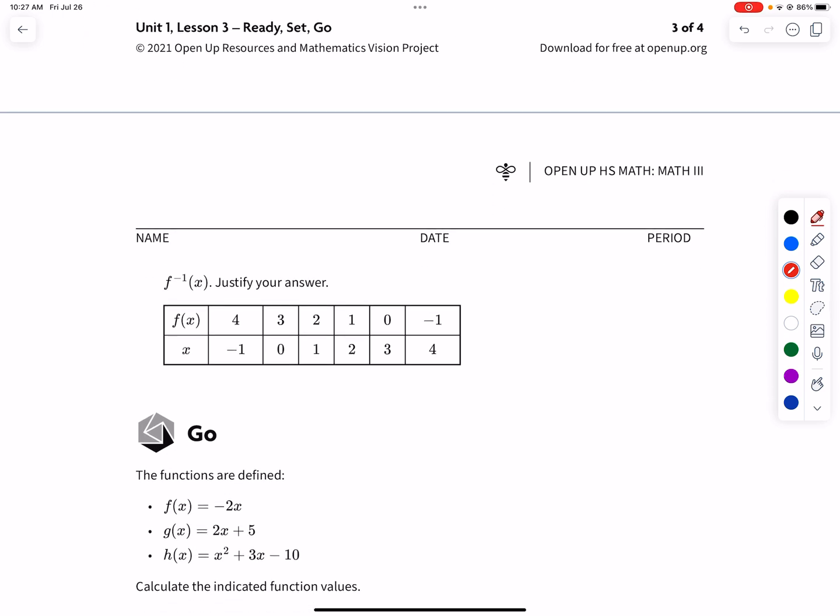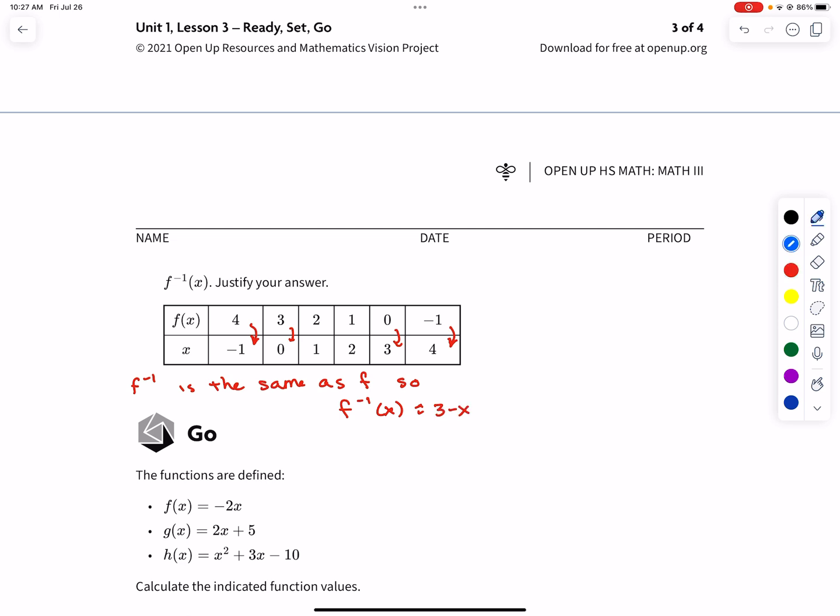So notice that what you have is 4 goes to -1, -1 goes to 4, etc. Okay, so justification, I will say f inverse is the same. So f inverse is also 3 minus x.